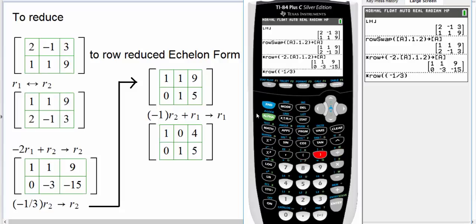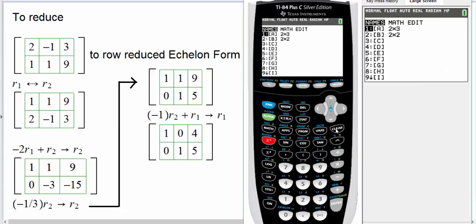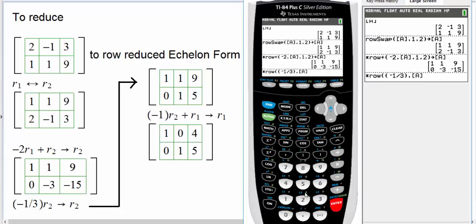Now, what is that non-zero number? -1/3, right? And then where are we performing that operation? We are doing that operation on A. And which row are we doing that operation onto? The row number 2.